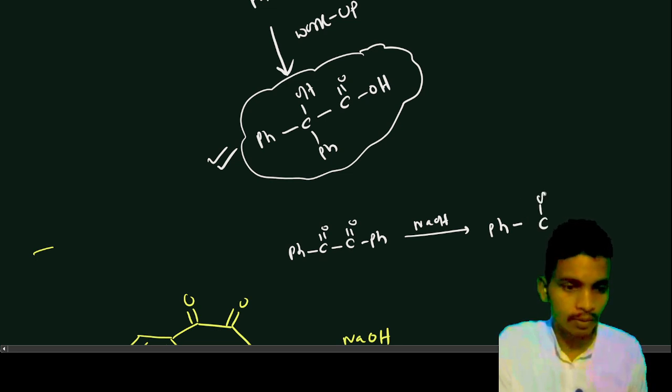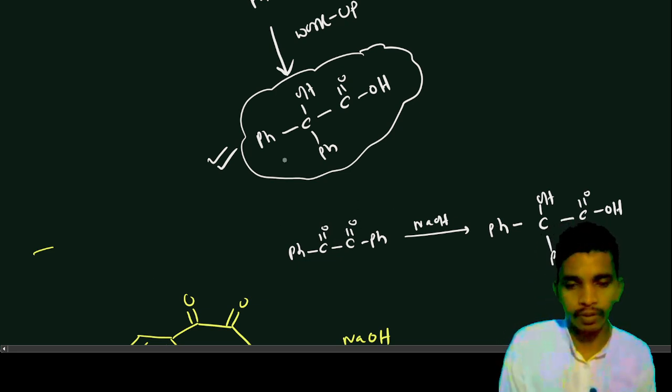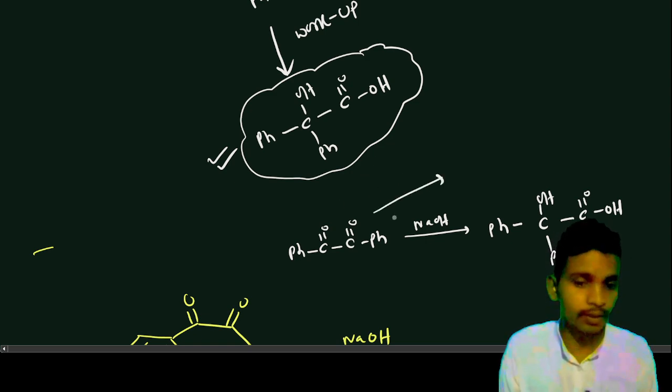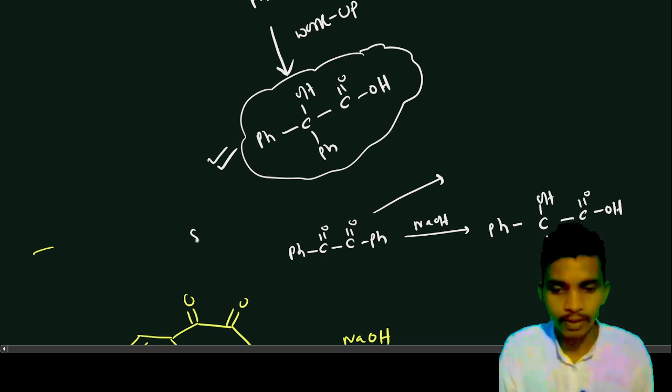Here we get OH, and here we have Ph, and here we have CO and OH. That we get now. So how will we remember, how will we do the shortcut? There is no need to always do this mechanism, because if you do the mechanism all the time, then it will take time. So there is a shortcut that we will use in this case. Okay, this is the shortcut. How can you do that?